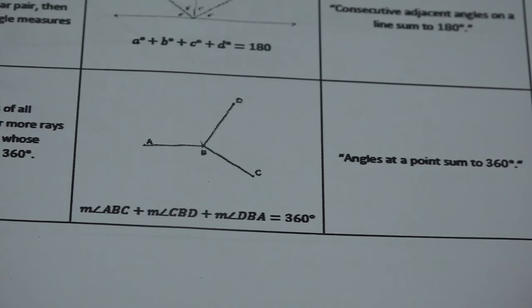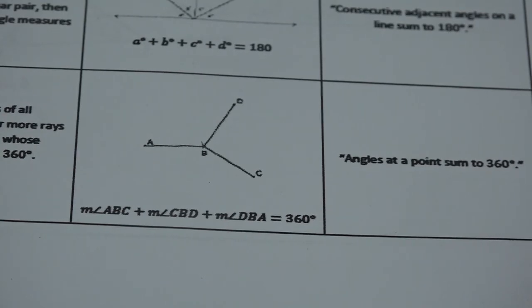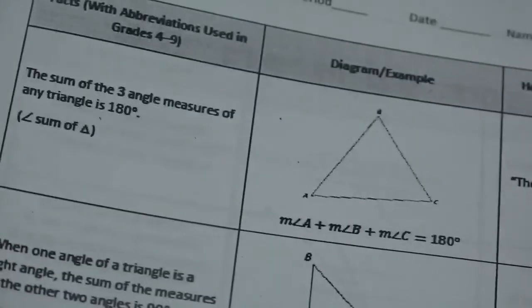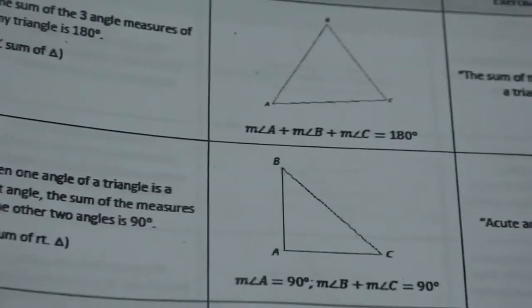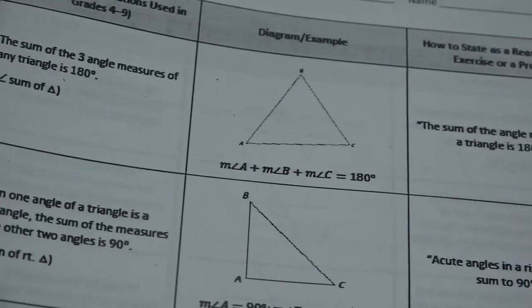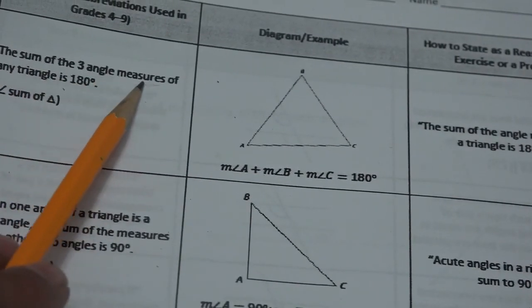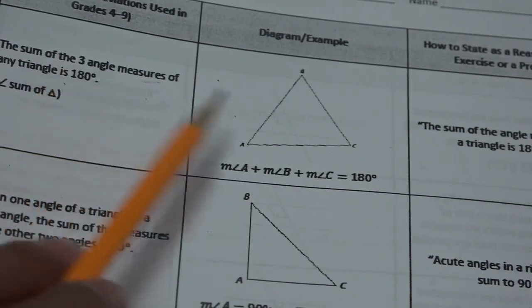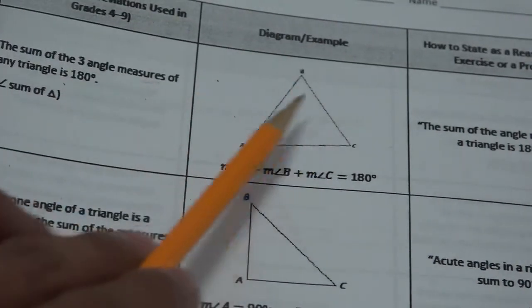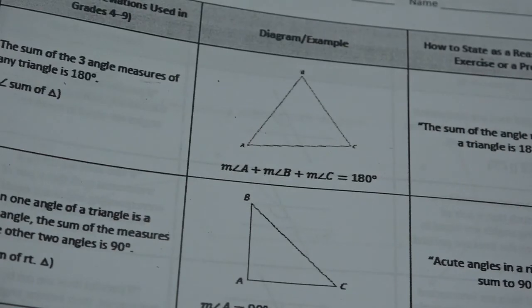The sum of the measures of all angles formed by three or more rays with the same vertex and whose interiors do not overlap is 360 degrees. The sum of the three angle measures of any triangle is 180.